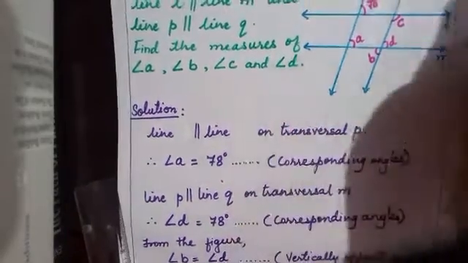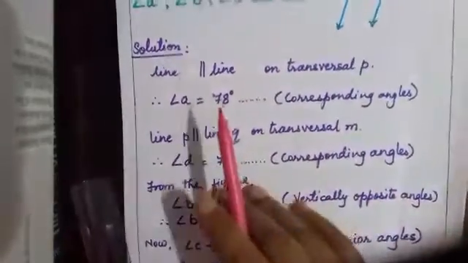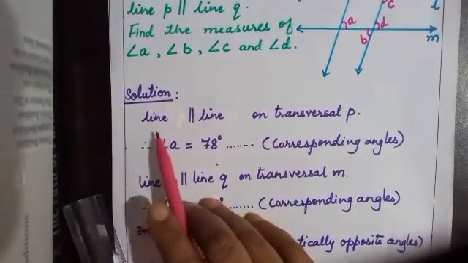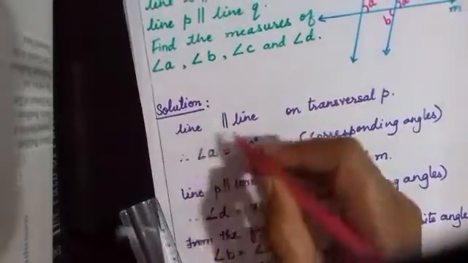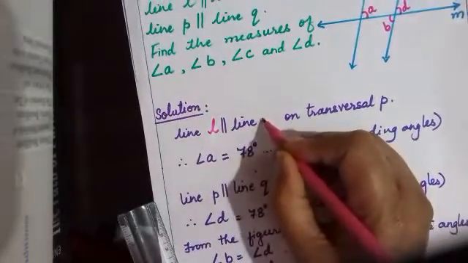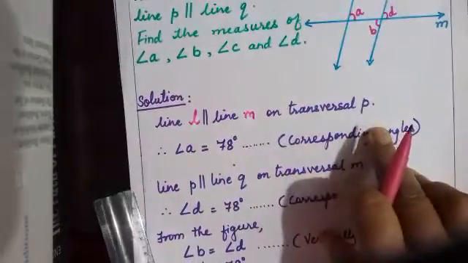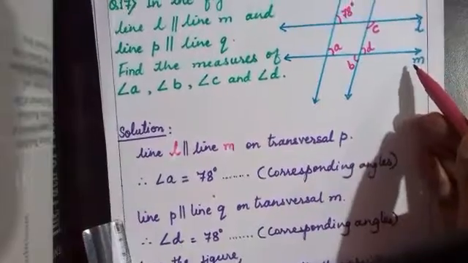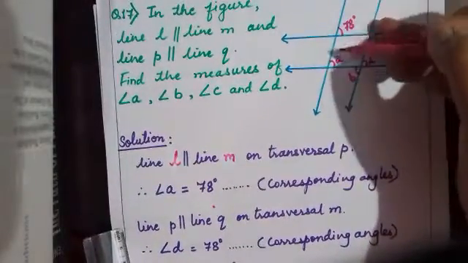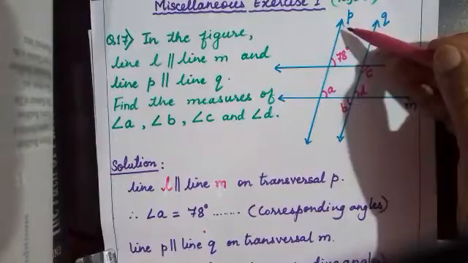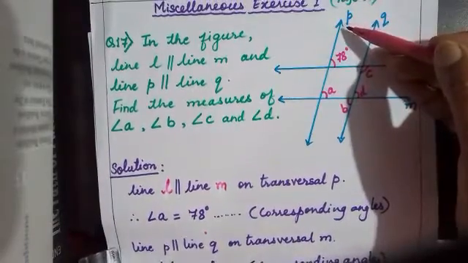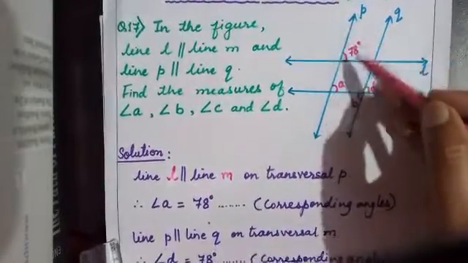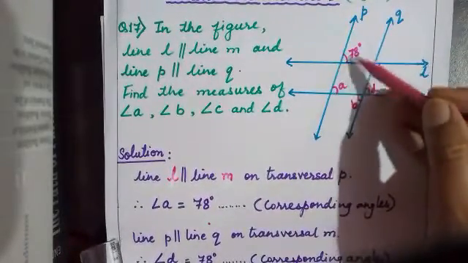Now we will solve it. Here observe the figure carefully. In the solution, line L is parallel to line M on transversal P. We will take line L and line M, which are parallel, and the given 78 degree part is on line P. So line L is parallel to line M on transversal P. What is the relation between angle A and 78 degrees?